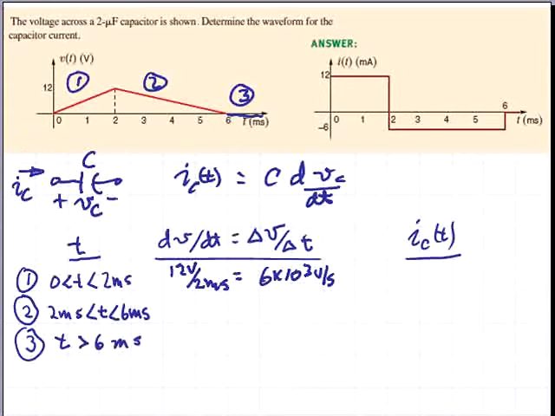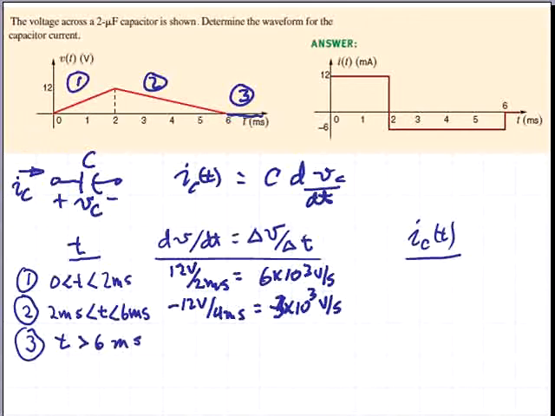Over the second time interval, the voltage drops from 12 volts to 0 over a period of 4 milliseconds. So we have minus 12 volts over 4 milliseconds, and this is equal to minus 3 times 10 to the third volts per second.